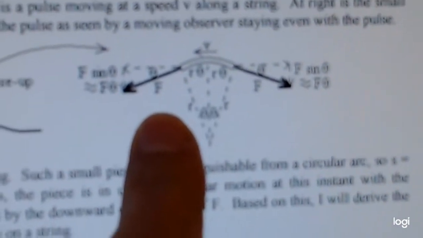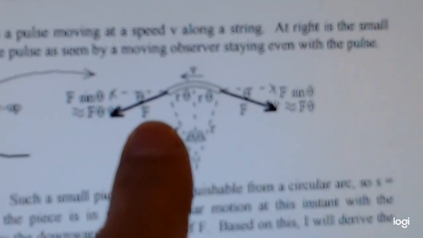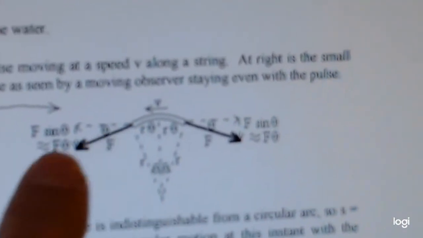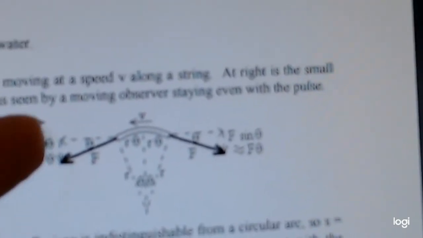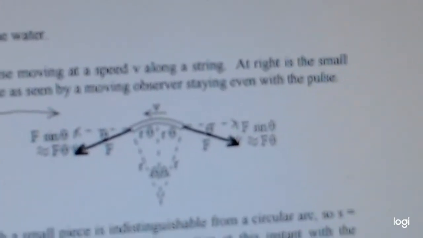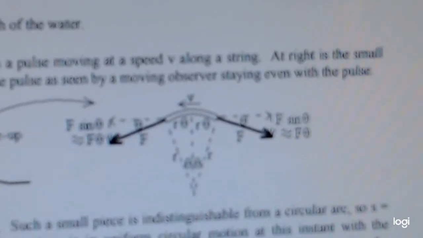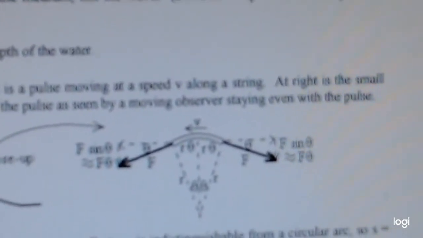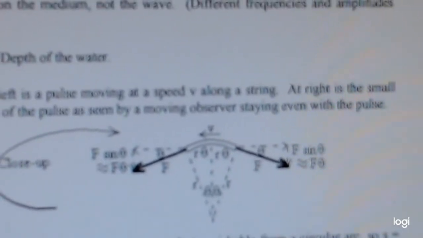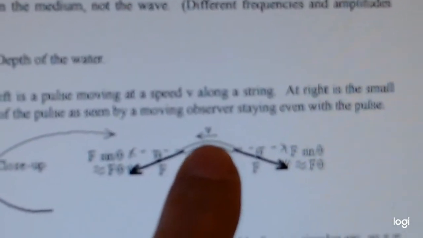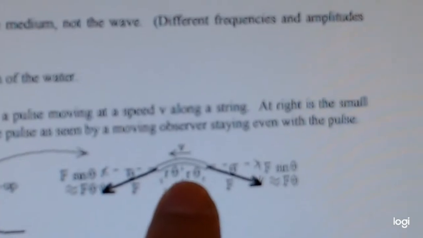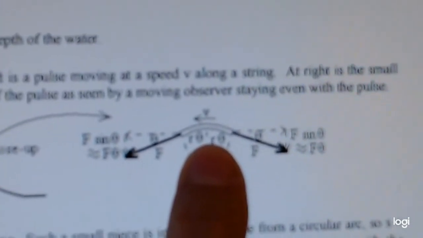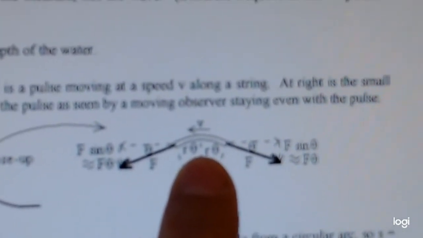The hypotenuse is the string tension F. Hypotenuse times the sine of the angle would be the opposite side, which is the downward pulling component. Well, this angle would actually be very small, a small fraction of a degree probably, because this is just a little tiny, basically a little differential size piece of the string we're talking about here.